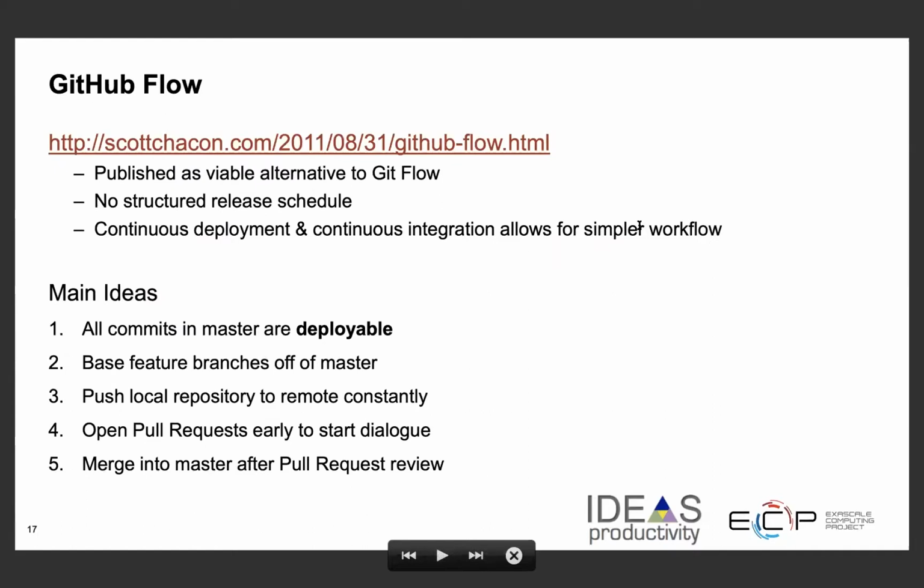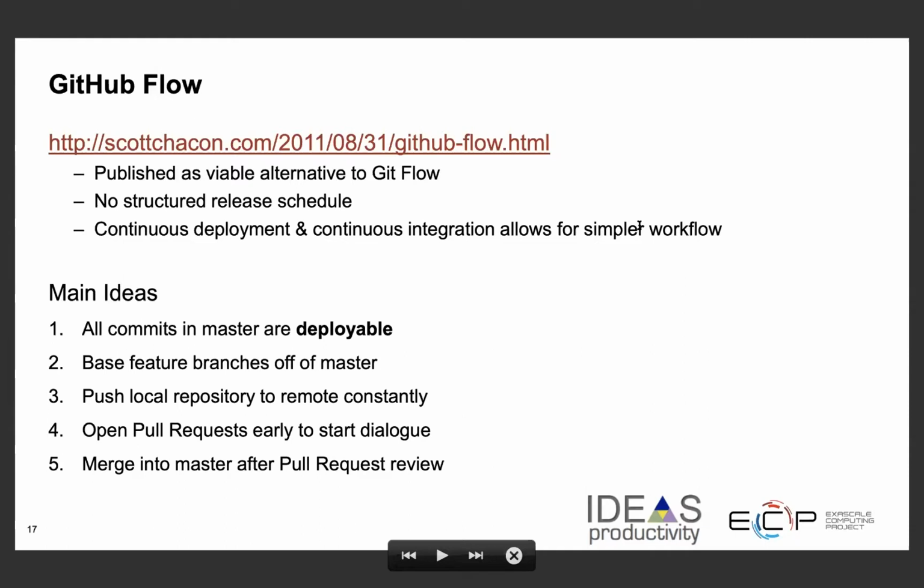So now the next workflow we want to talk about is the GitHub workflow. This is an alternative to Git flow. The blog link out here has some pretty good information, and it also talks about some of the limitations of the GitHub workflow. This is considered a simpler Git workflow, and it's easier for people to pick up and start working with.